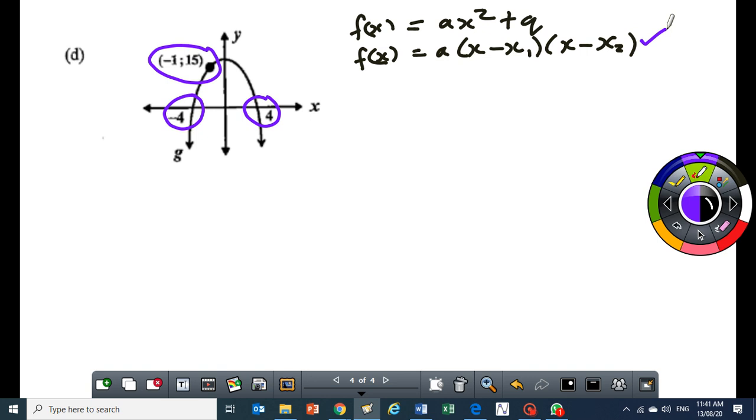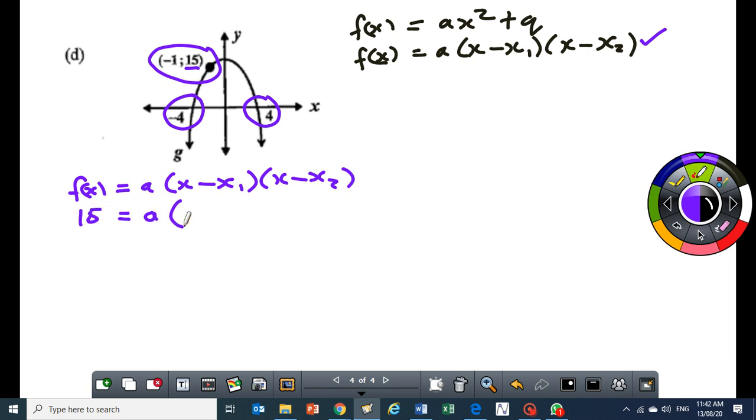So if I write my equation, f of x is equal to a times x minus x1 times x minus x2. Where there is f of x, I'll put the y value because the y value is the same as f of x. So I'll put 15 there. Where there is a, I'll put a. Where there is x here, I'll put that x value, which is minus 1.